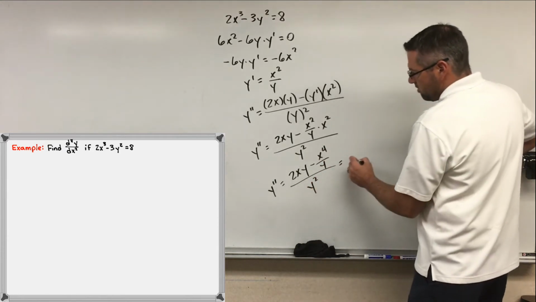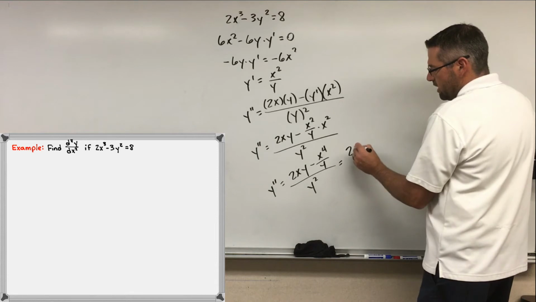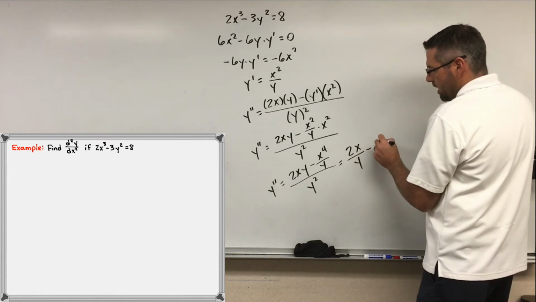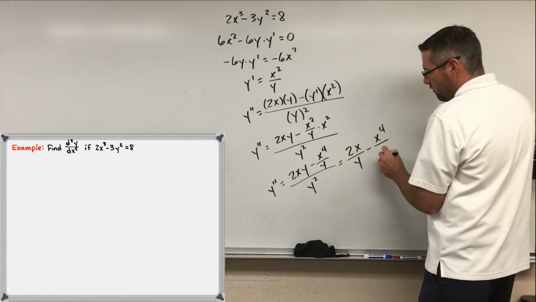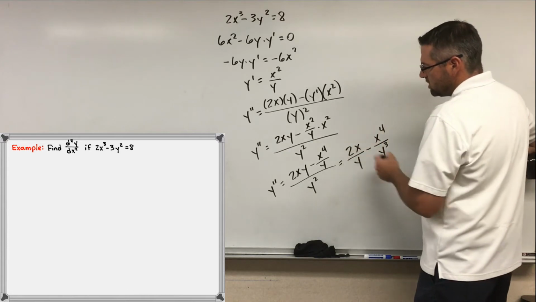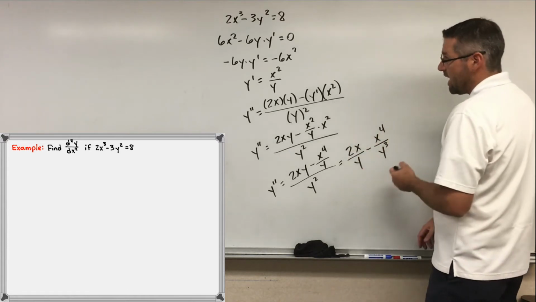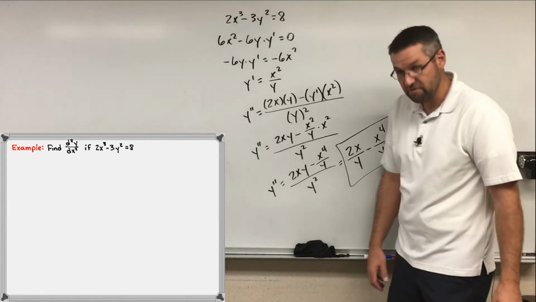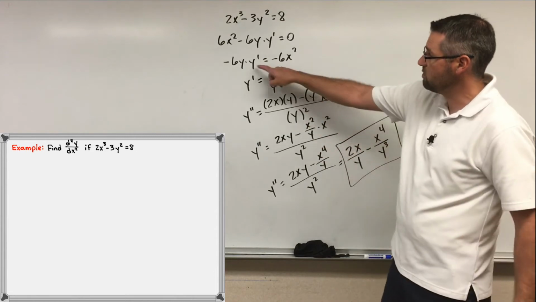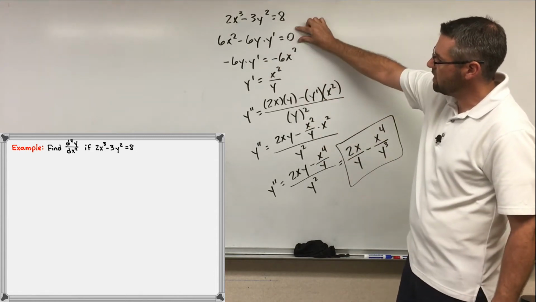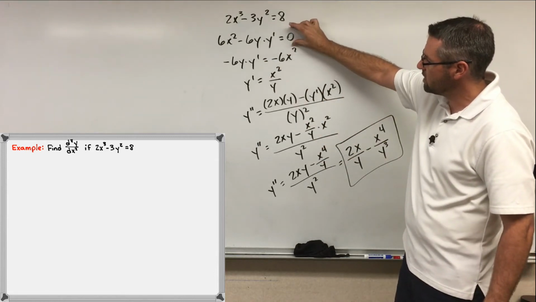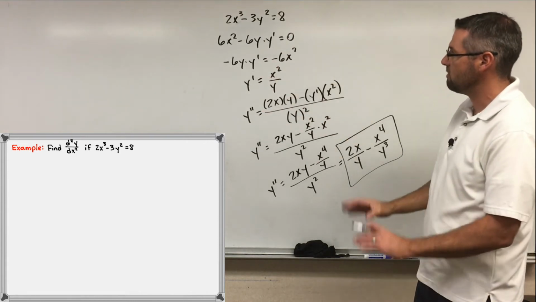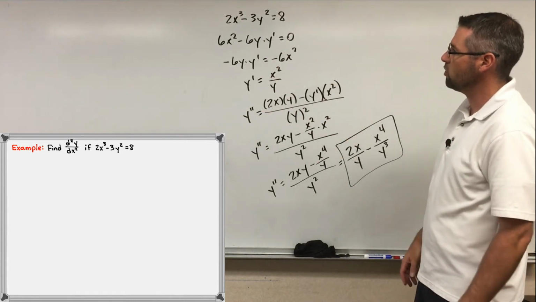And then that can simplify to 2x over y minus x to the fourth over y cubed, which is exactly what we had in the last case. But you can see that this method is a lot more efficient, even if you want to call it dy/dx here. If you isolate y prime early, or dy/dx early, so it's by itself, and then take the second derivative, that's just going to make it easier for you.